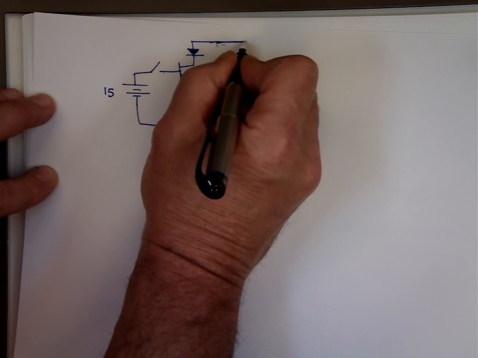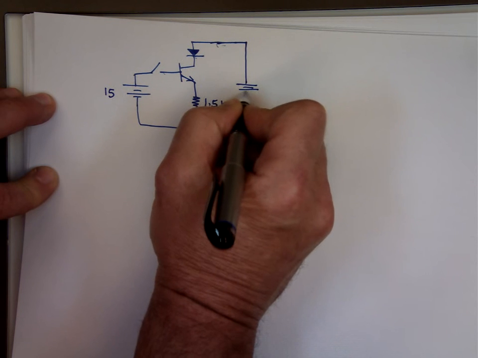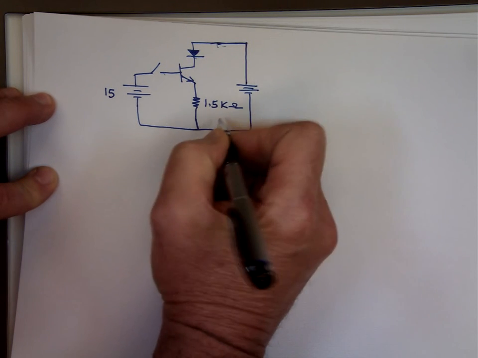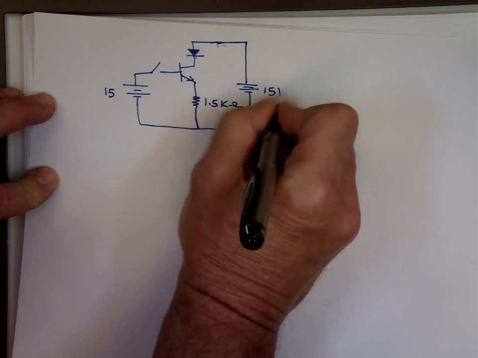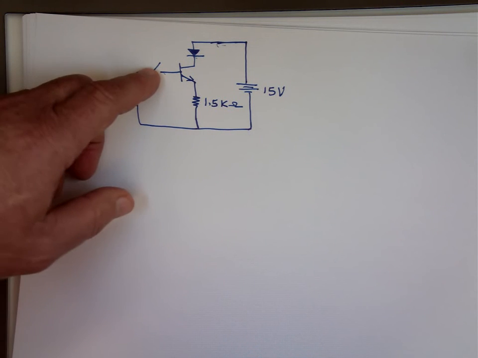I'm not putting a resistor up there. 15 volts. So now again, when the switch is open like this, the transistor is off.